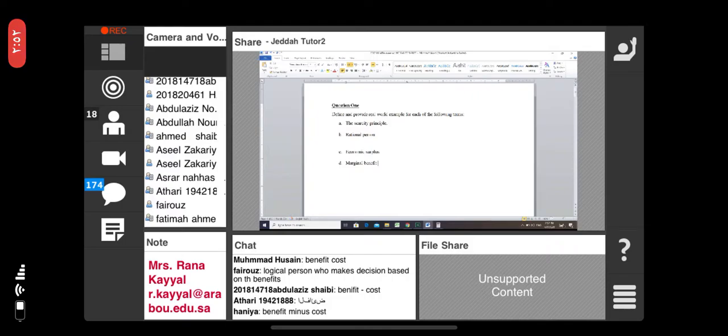Marginal benefit. If you don't say it, it's the benefit of a certain action minus its cost.